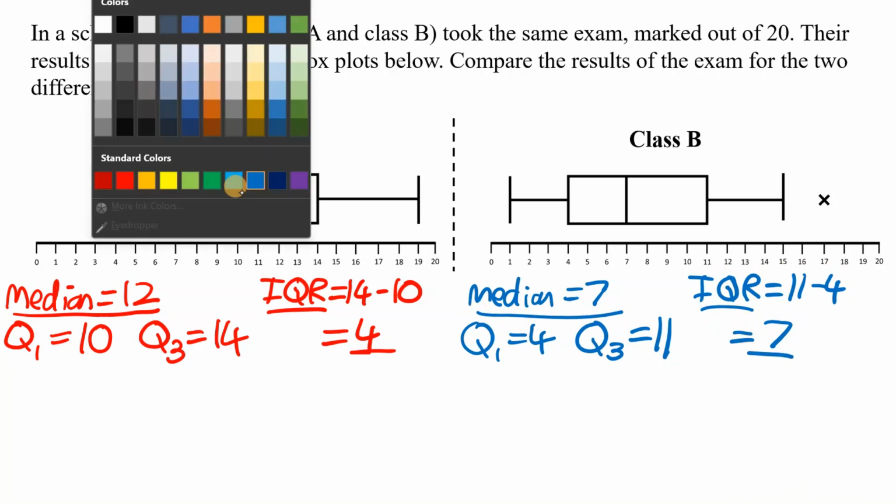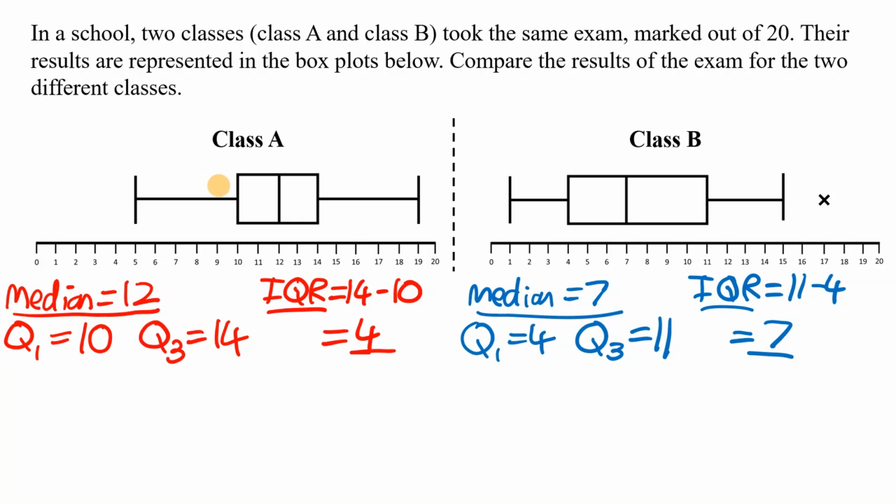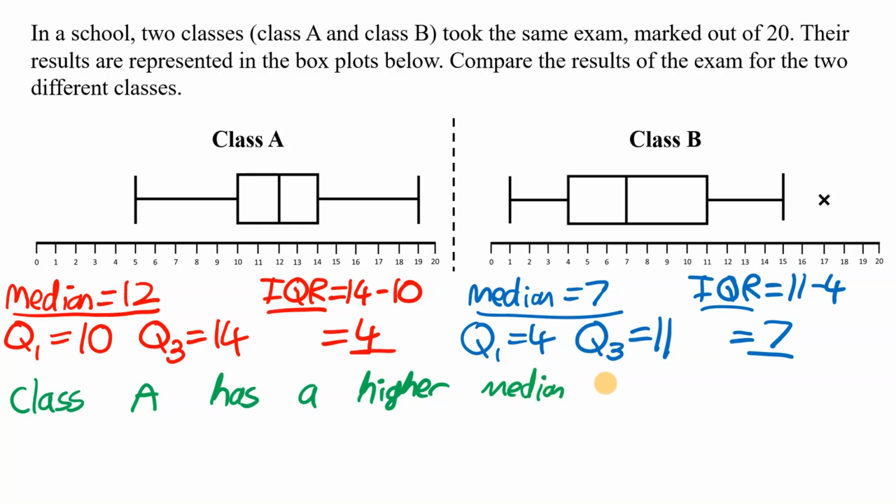So therefore, if we compare the data, let's start with the location, which is the median. So the median for Class A is 12, and the median for Class B is 7. So we say Class A has a higher median score, so that's location. So now compare the spread.